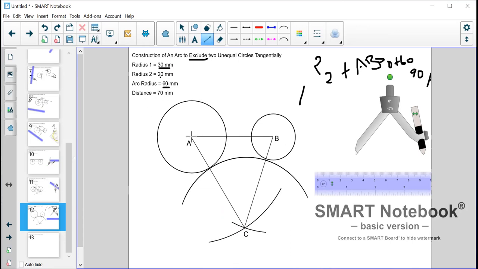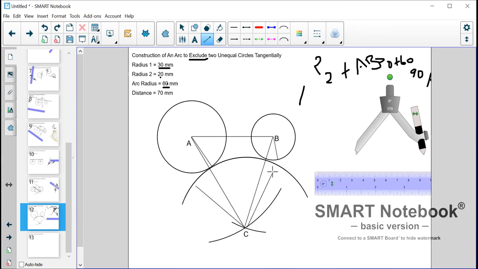From the center to the circle itself is 30, so I'll put a line there, 30. If you take away that 30 from 90, then 60 remains here for this arc. Likewise, from B to this circle is 20, and the entire distance was 80. So if you take 20 from that 80, 60 remains here.